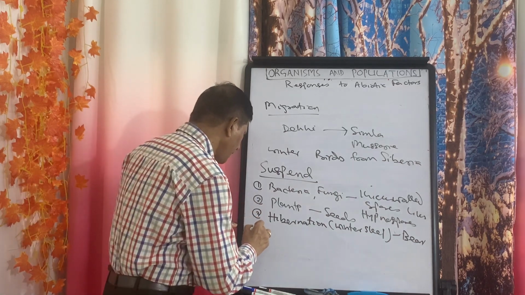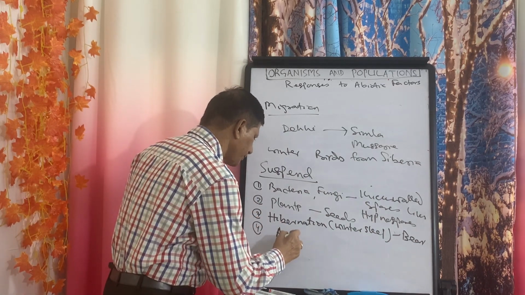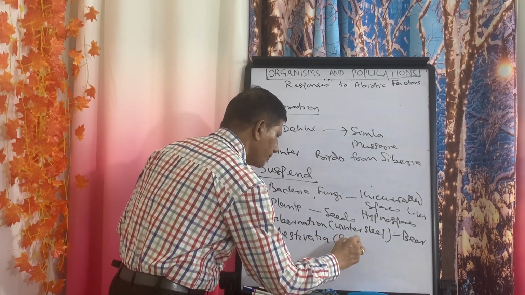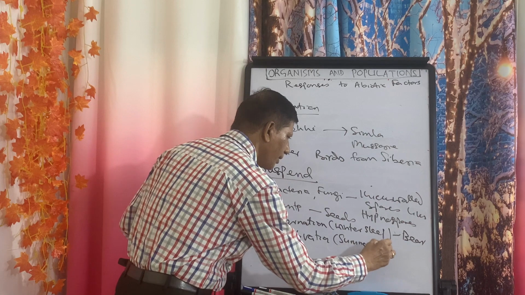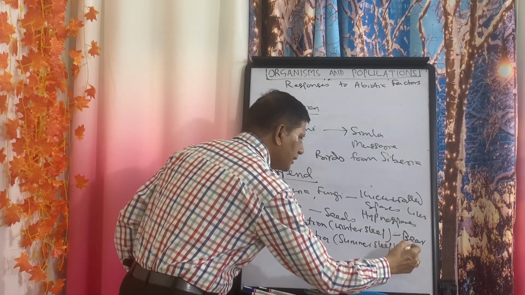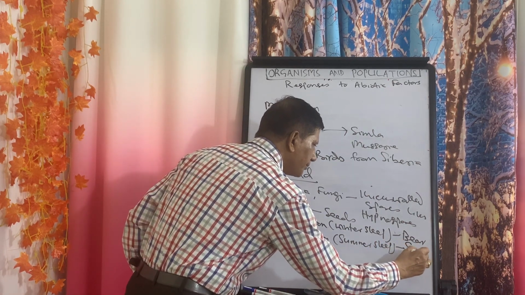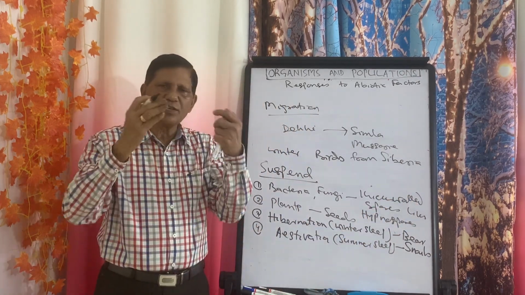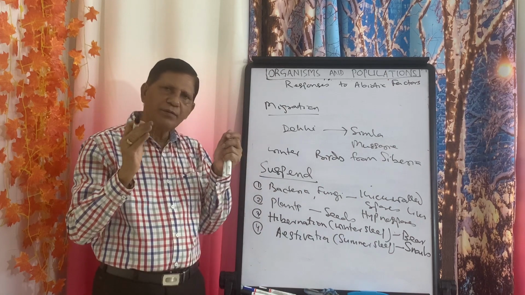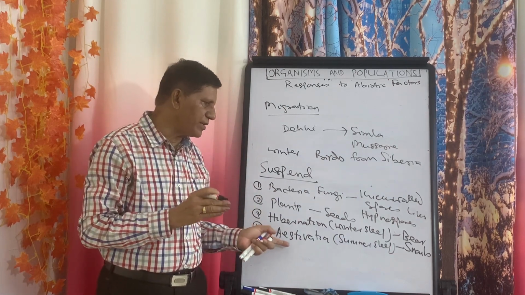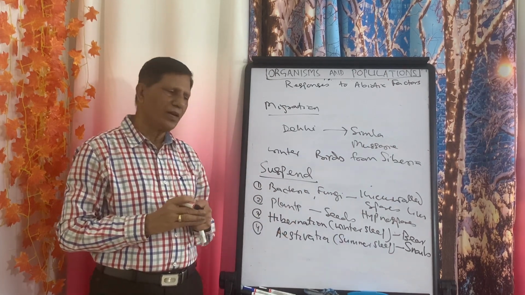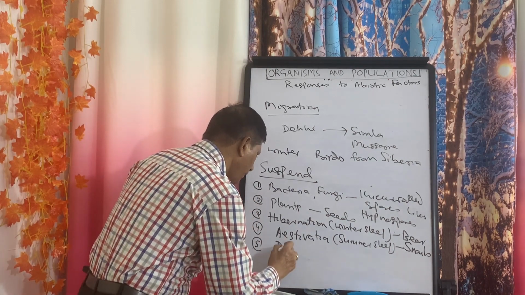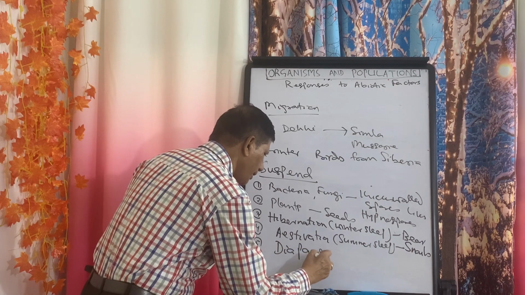Then another is aestivation. Aestivation is known as summer sleep. Usually this is for some snails. Some snails, when the temperature rises, become dormant. That is known as aestivation, or summer sleep. And there is another one, the fifth one, diapause.